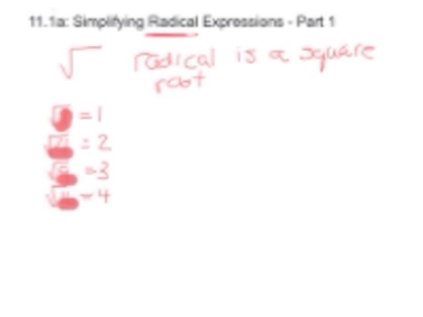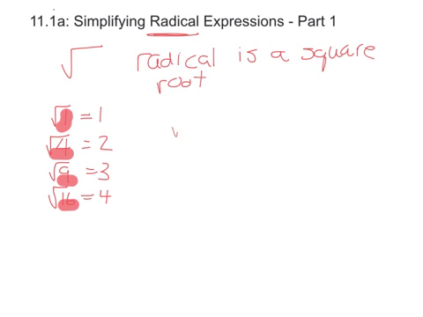Also, there's a couple of rules for working with radicals that we need to know, and that is if I have two separate radicals, like radical A times radical B, I can multiply them together and put them both underneath the radical sign.